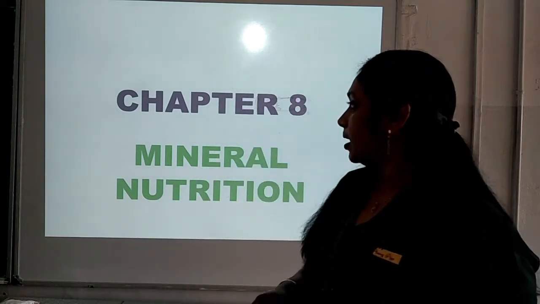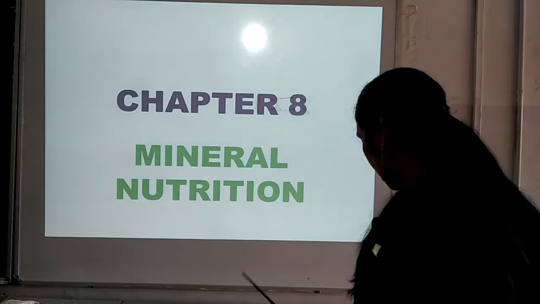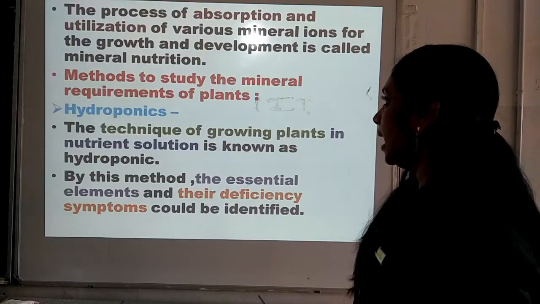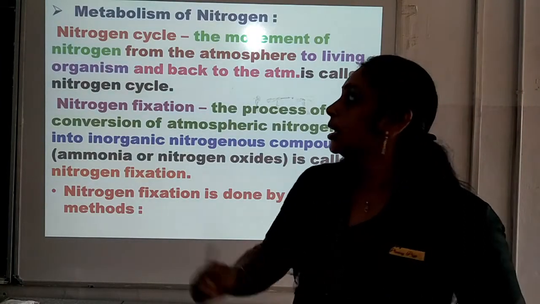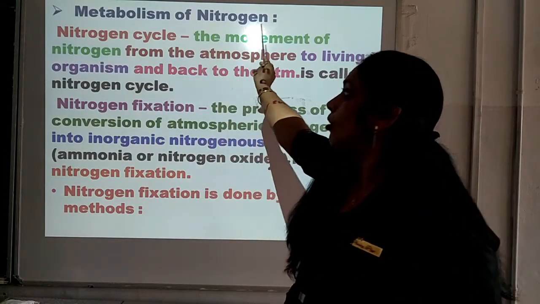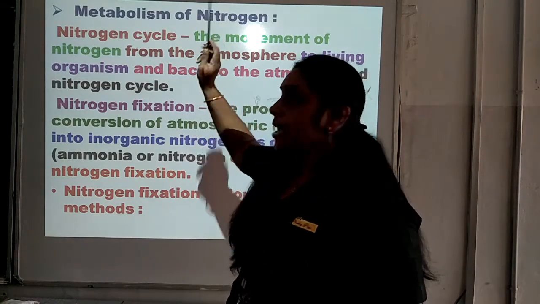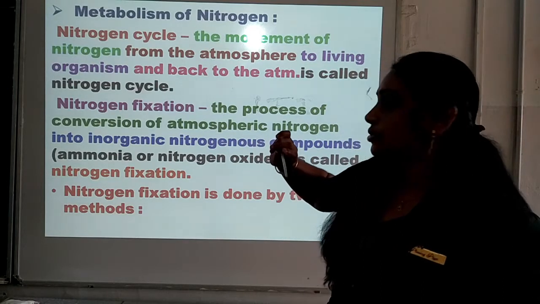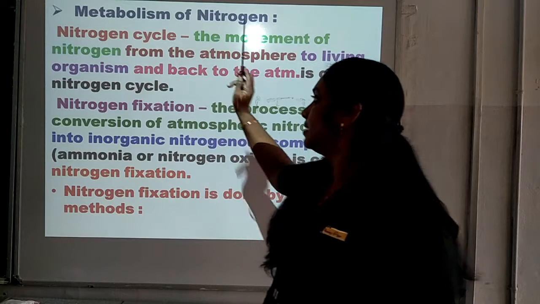Today we are moving to the second part of chapter number 8, that is mineral nutrition, and in that part we are going to understand about the metabolism of nitrogen. In the metabolism of nitrogen, we are going to understand what the nitrogen cycle is.